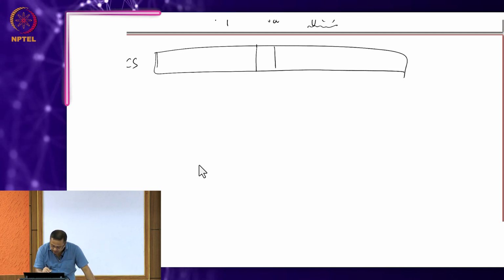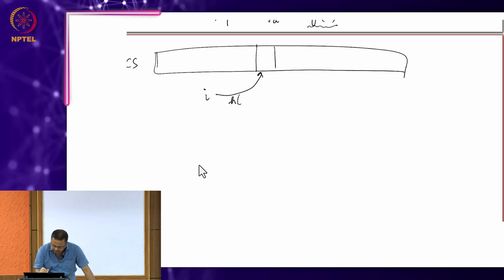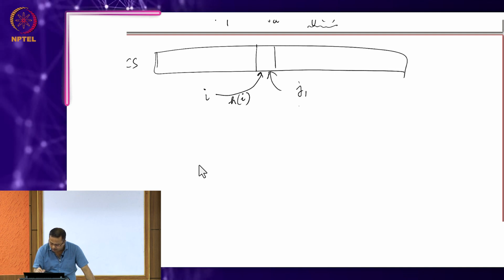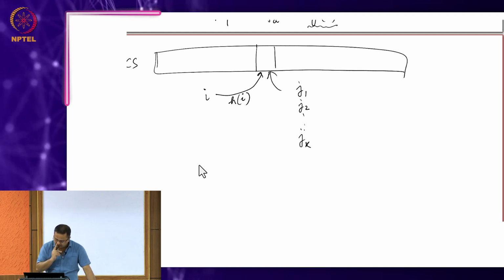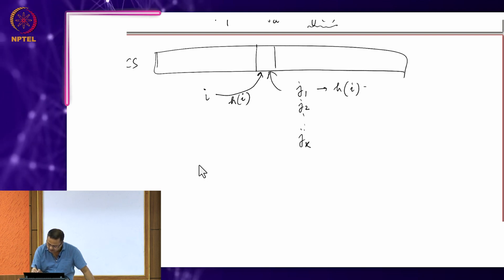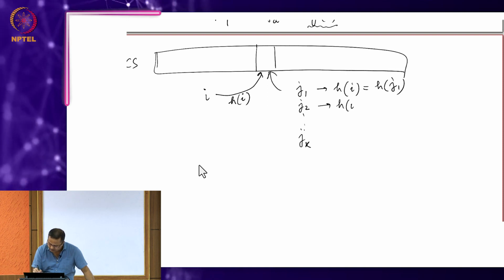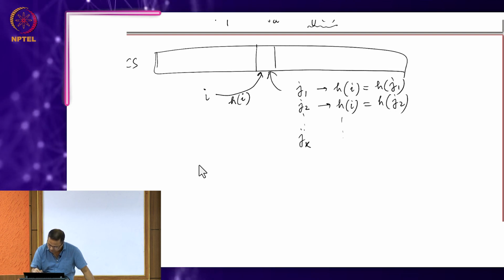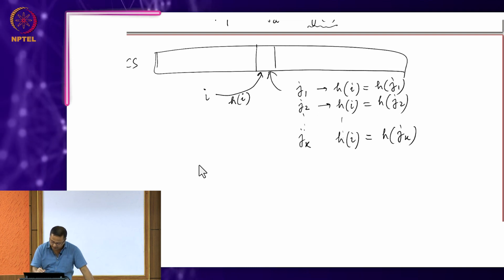For a particular element i, say you have hashed it to a location h(i), and there are j1, j2, many such say jk, such that h(i) equals h(j1), h(i) equals h(j2), and so on and so forth, h(i) equals h(jk).